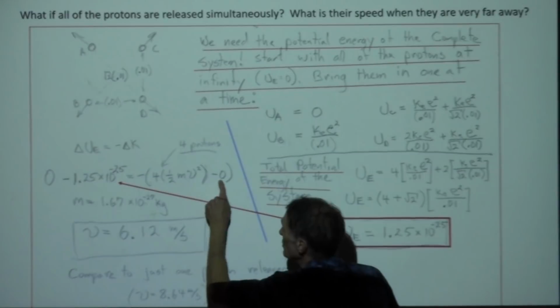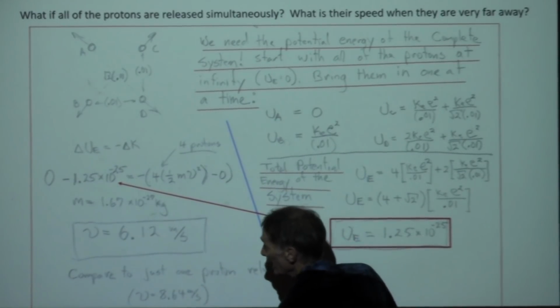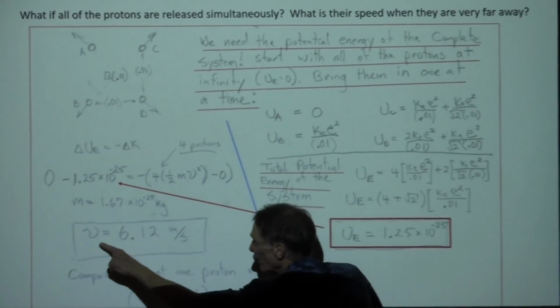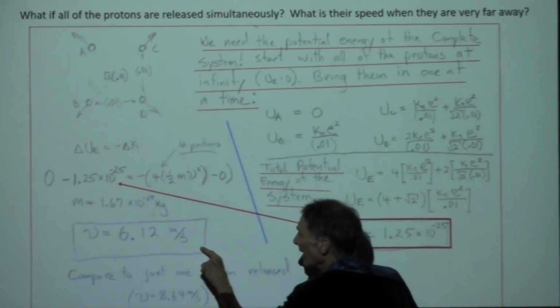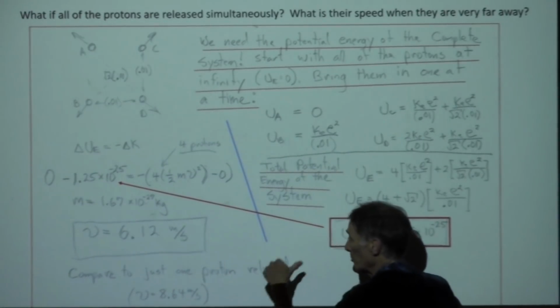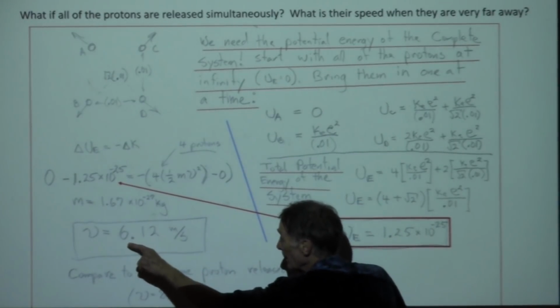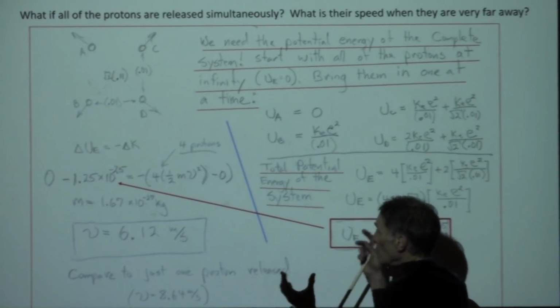They're going to start from rest, and so we've got 4 kinetic energies. We have the mass of the proton, and we can come up with the velocity that they're going to take off. Now this, compared to the previous problem where we just released 1, that one took off faster. This one, each one is slower, but we have all 4 of them that are moving out.